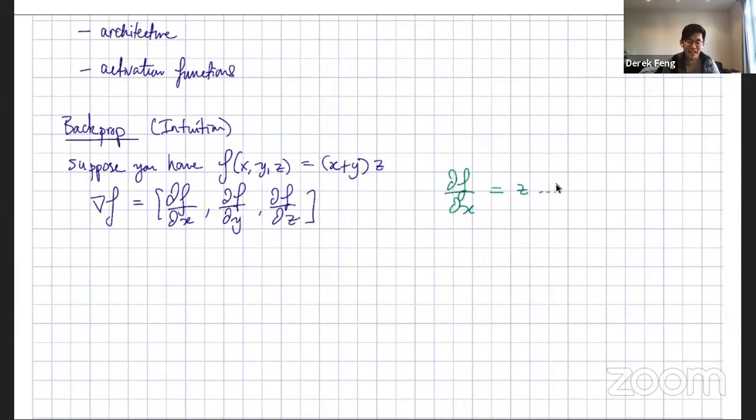We're going to take it step by step. So what we're going to do is introduce intermediate values. Right now, it might not be clear why we would want to do this.